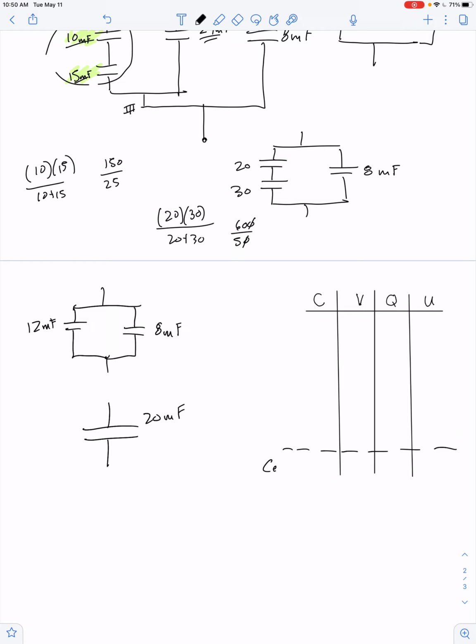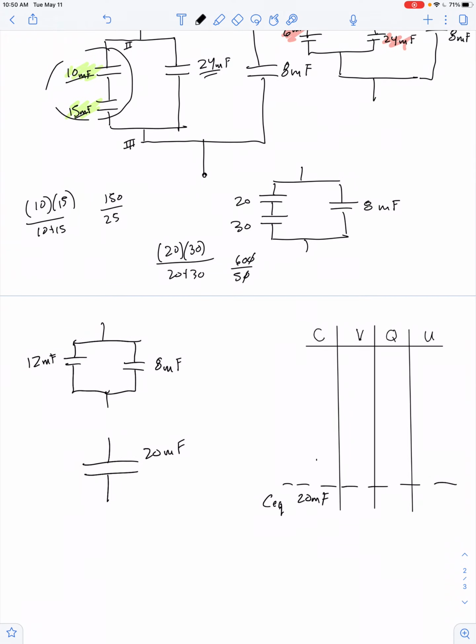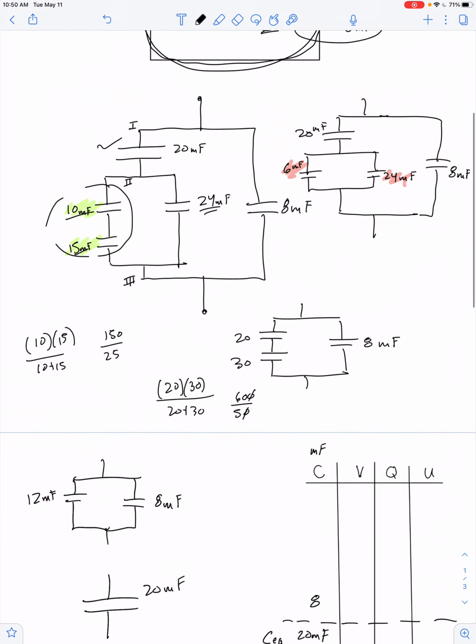So let's put this equivalent value as the bottom line in our chart. And then let's just list all the other values. Okay, so we're going to assume these are all millifarads. So what do we have?